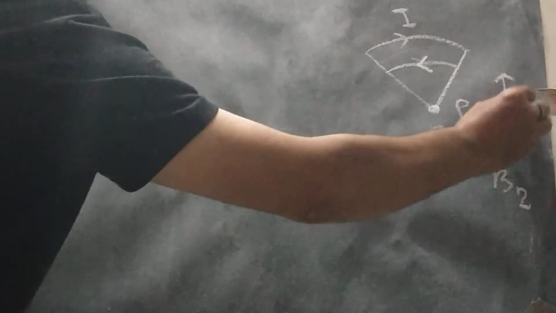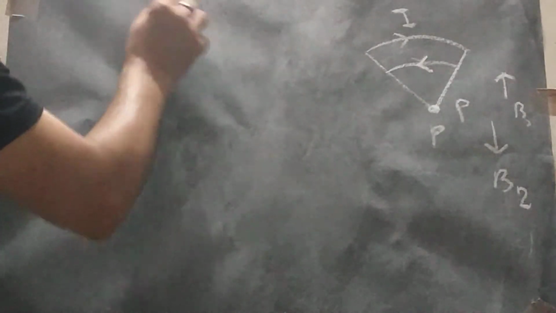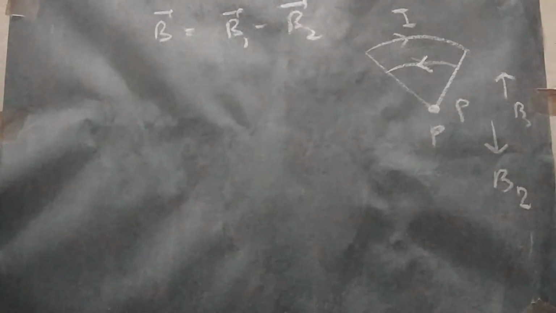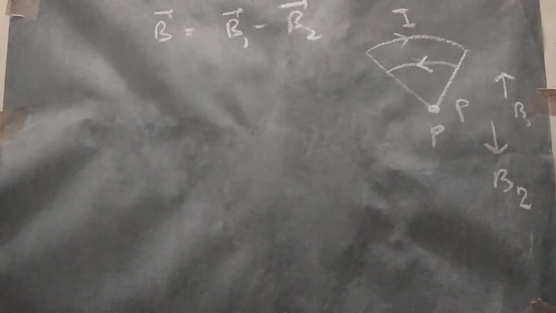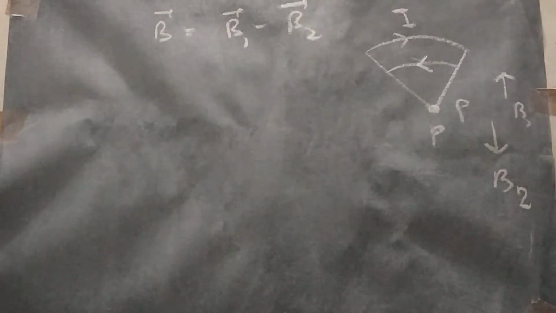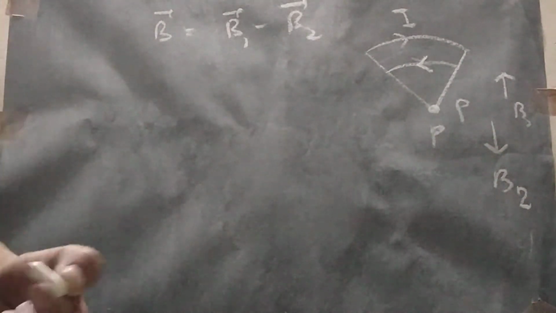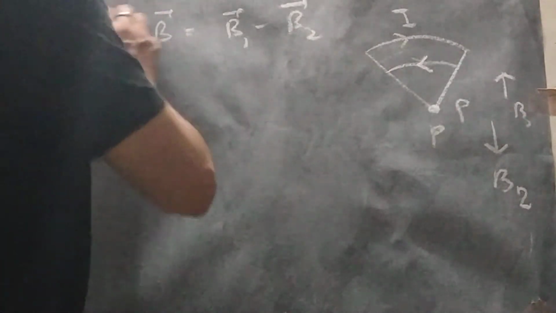Therefore, the net magnetic field will be B vector equals B1 minus B2. So we have to follow the rules and consider the direction of current flowing in the conductor. Similarly, we can find the magnetic field due to a large number of arcs.